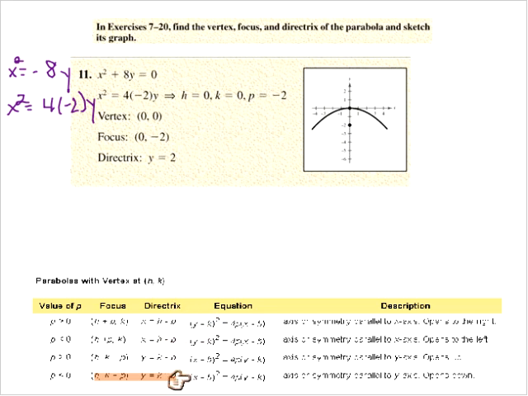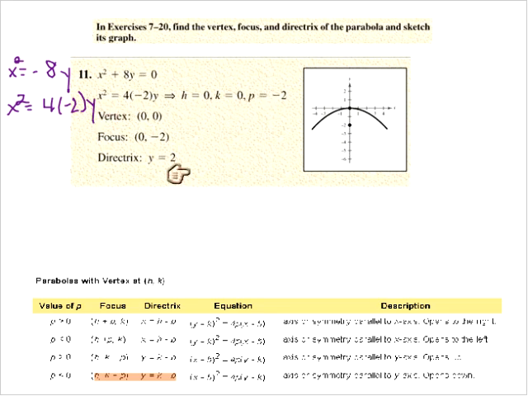Looking down here, it matches up with this last one, because p is negative 2. So p is less than 0, and the x is the squared variable, so we're following this information. The vertex, not the center, is your opposite x, opposite y. It just so happens that we have 0 and 0.